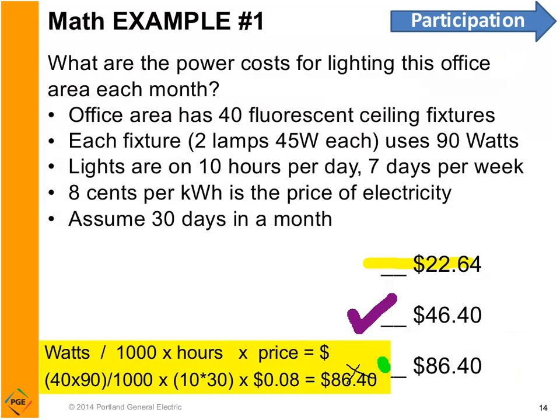So, yes, it is tricky, and I at first was going to simplify that, and I decided to leave it in there because the message is it is a word problem, and you need to write it down like I did with the formula to really get it straight. How many hours are these lights on? They are on 7 days a week, which means they're on every day, and it's a 30-day period. So the 7 days in this particular case, you really don't need to know if you assume the lights are on every day for 30 days.